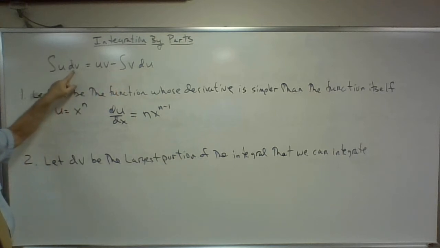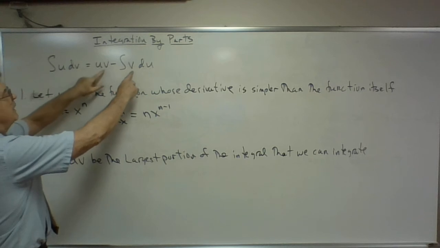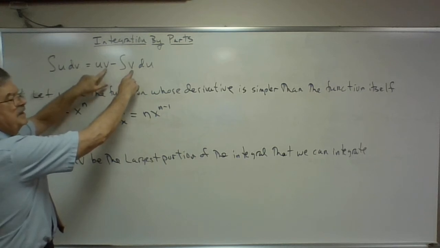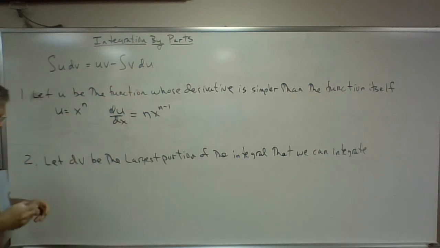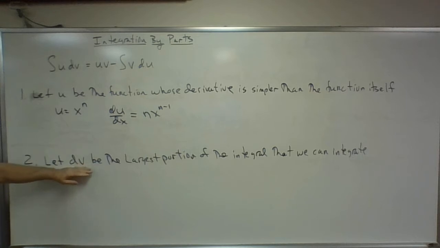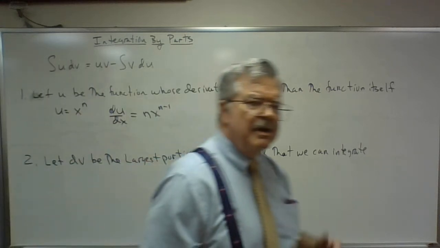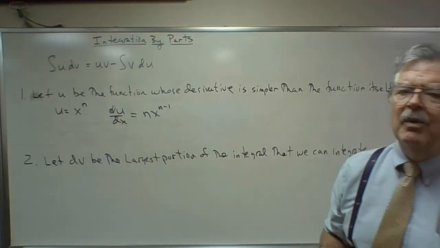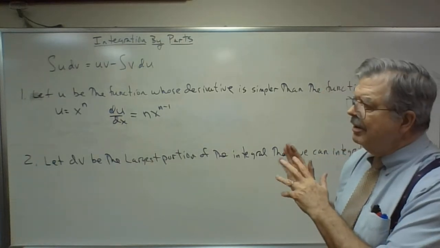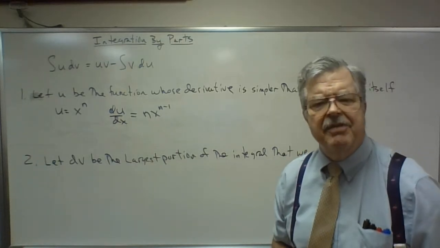We're going to take dv, and in order to use this formula, we're going to have to be able to compute v. So it makes sense that dv would be the largest portion of the integral that we can integrate. So let's do a couple of examples before we look at some more rules of thumb.